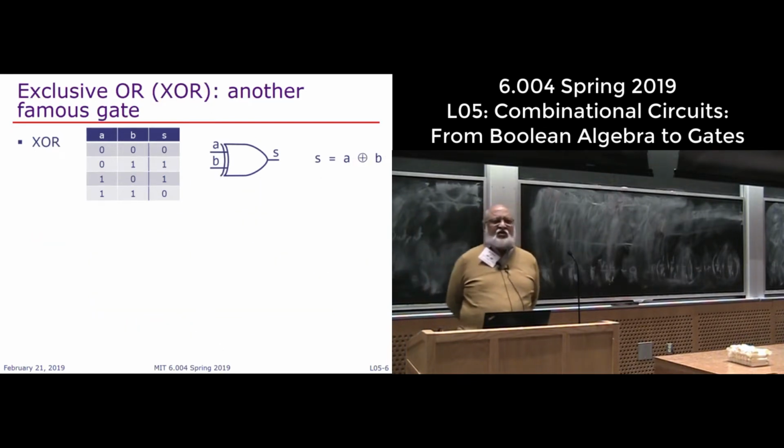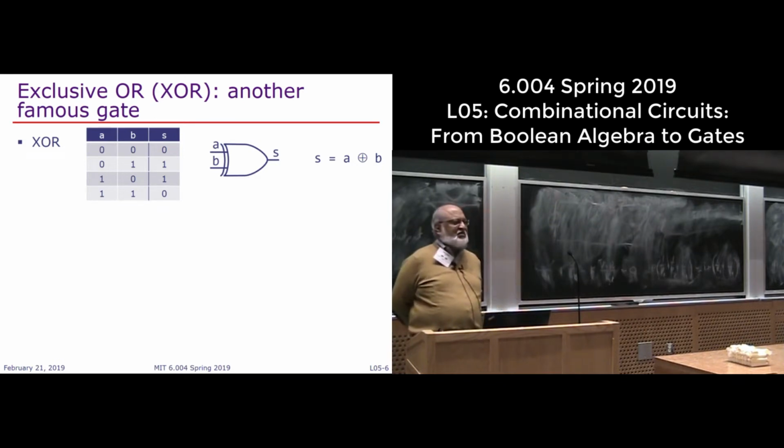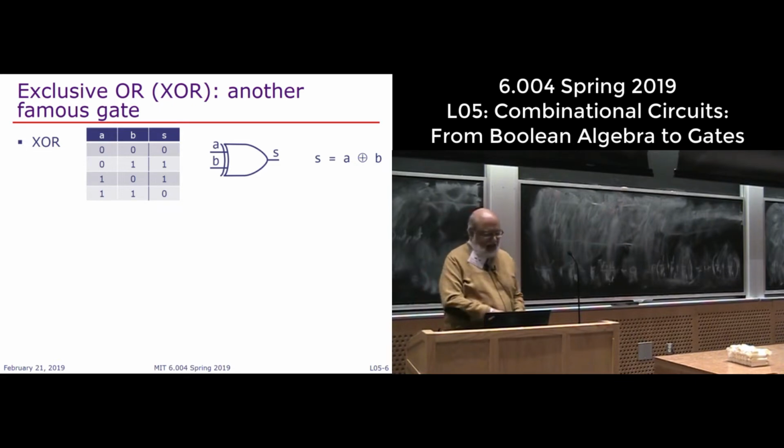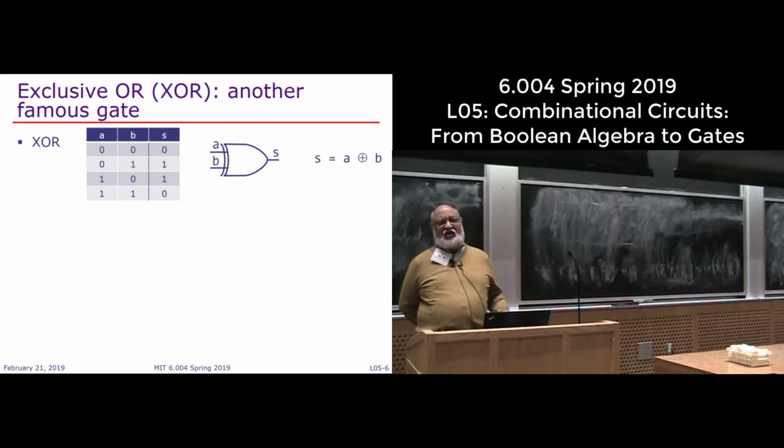Okay, so one more gate, which is so famous that it actually has a special symbol in Boolean expressions, and you see that symbol being used here, A, this thing, B. Exclusive OR, as perhaps the name implies, produces a 1 only if one of the inputs is 1.